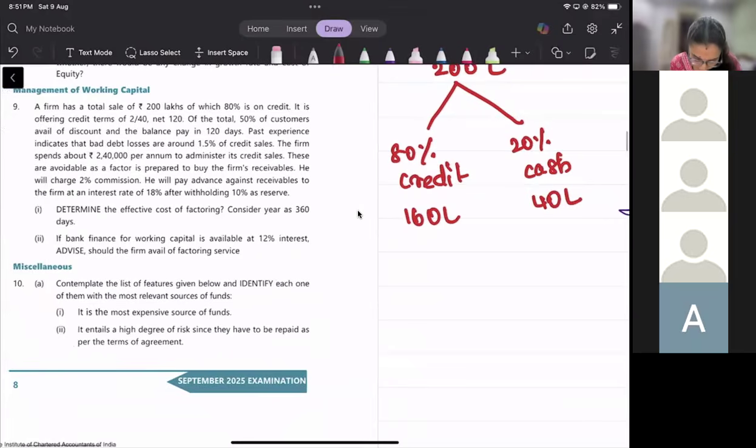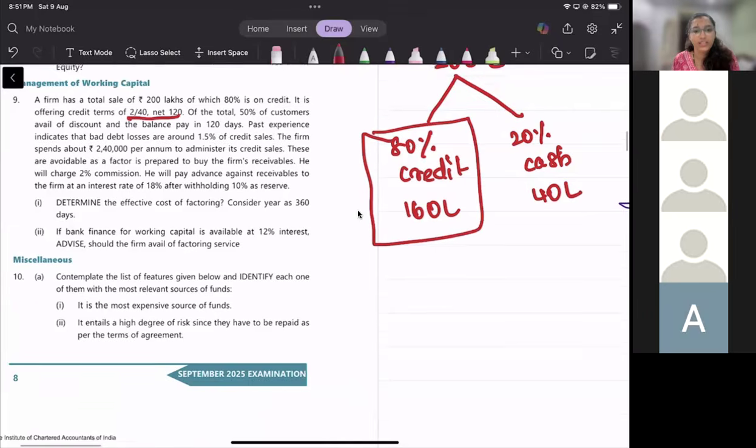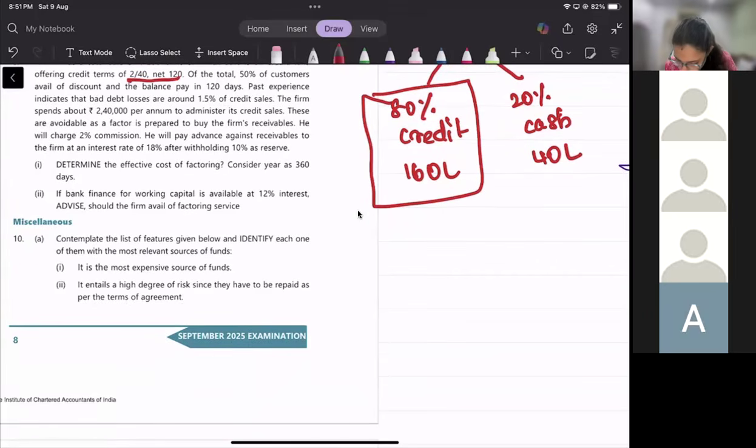cash. It is offering credit terms of 2/40 net 120. That is, total credit period is 120. If you are paying within 40 days, you are going to get a discount of 2%. Of the total, 50% customers avail discount. See, who will avail the discount? Only out of this 160 lakh people will avail the discount.